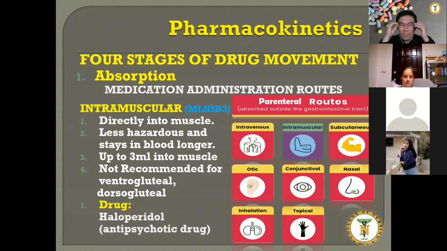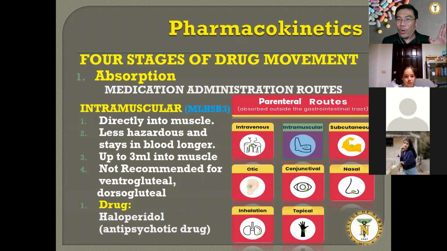Okay, what does it mean? Why up to 3 ml? Class, remember, when you do intramuscular injection, the maximum volume that is tolerable for intramuscular is only 3 ml. Don't go beyond 3 ml.